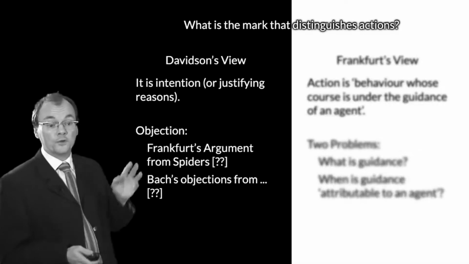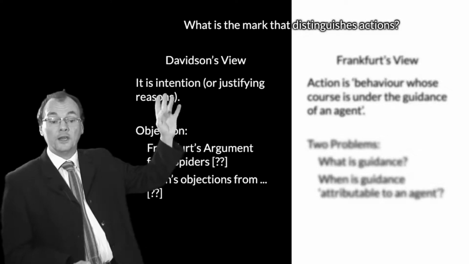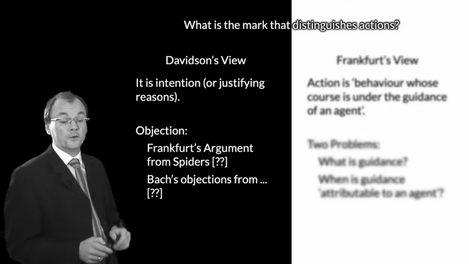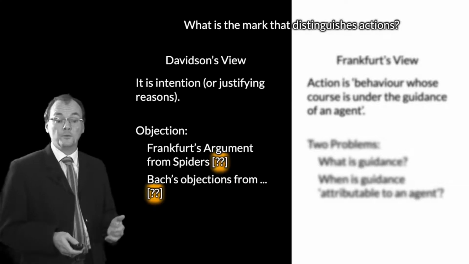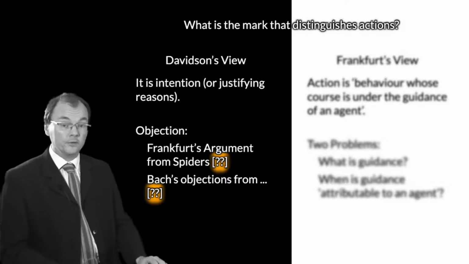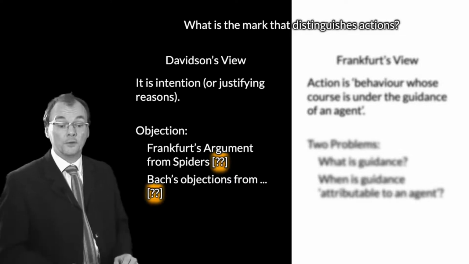Let's go back. Our overall question, what's the mark that distinguishes actions, was answered by Davidson, who said it's intention. And that indeed has become the standard view among philosophers. We saw that those philosophers like Frankfurt and Bach, who've attempted to object to this view, have given us arguments where we cannot know that the premises are true. I don't mean just that you can't know and I can't know that the premises are true.